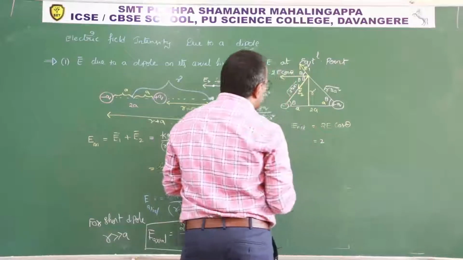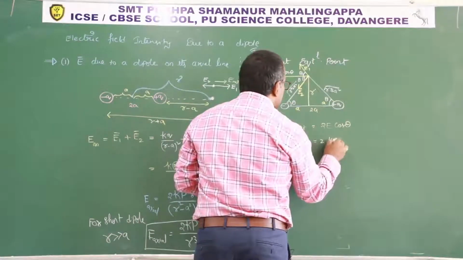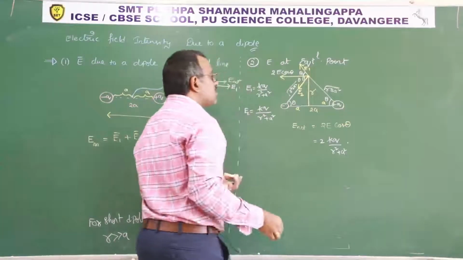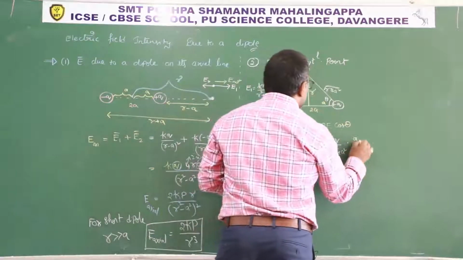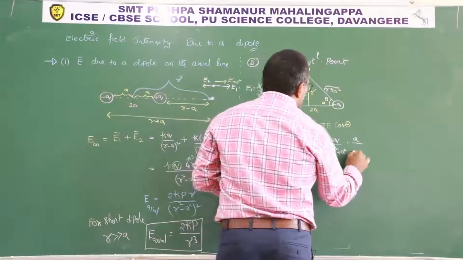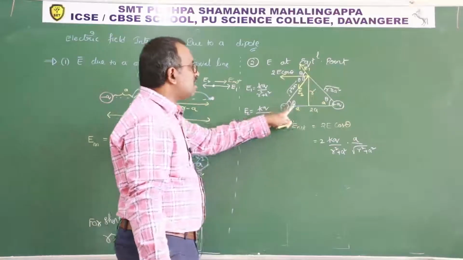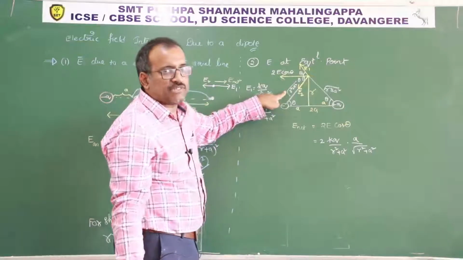Now what is E? kq by r square plus a square into cos theta. Cos theta is a by under root r square plus a square; you can see cos theta is adjacent side upon hypotenuse.